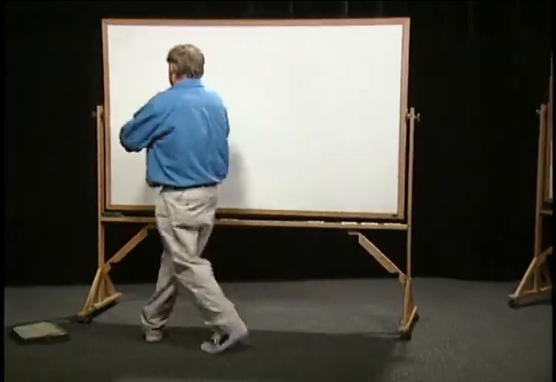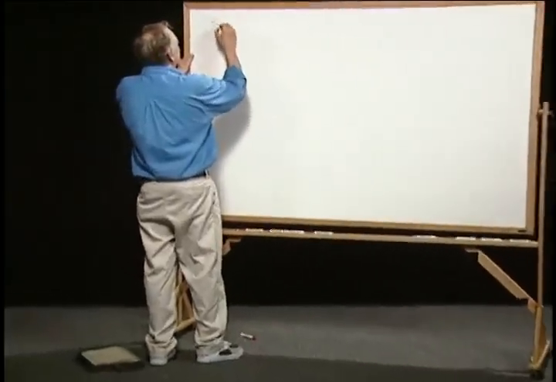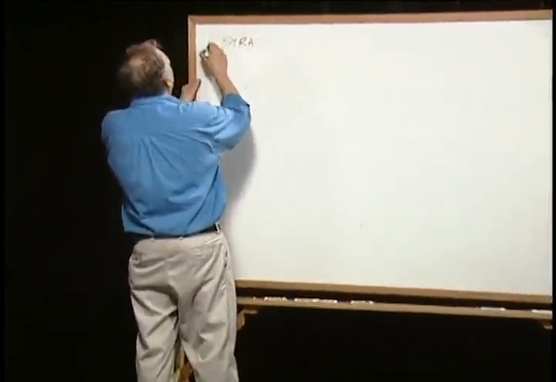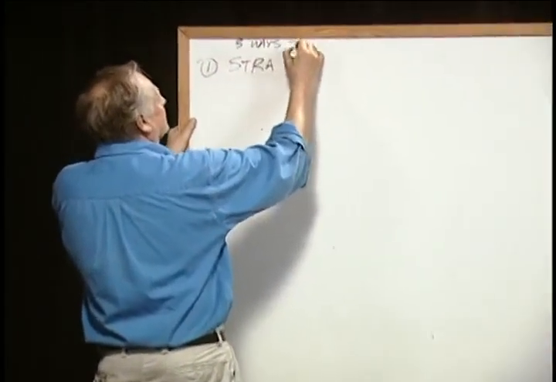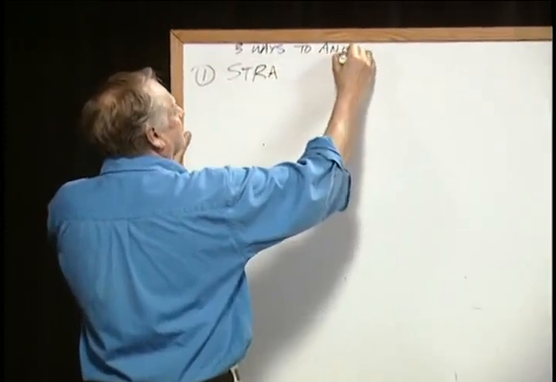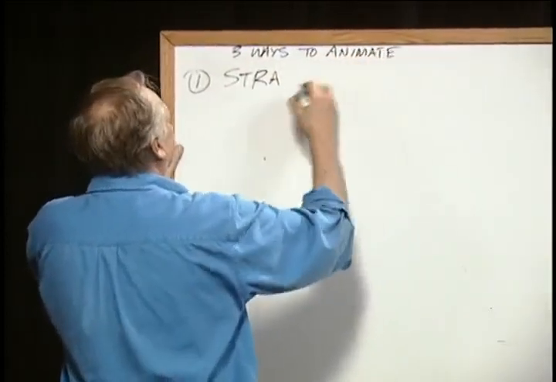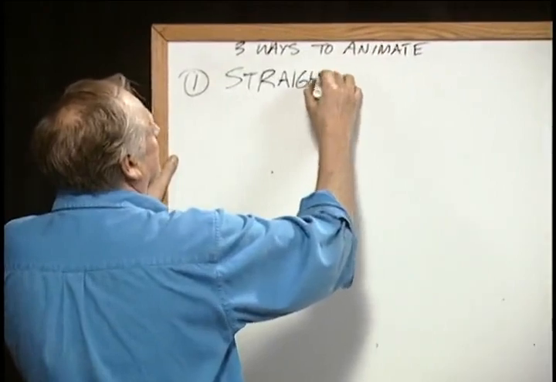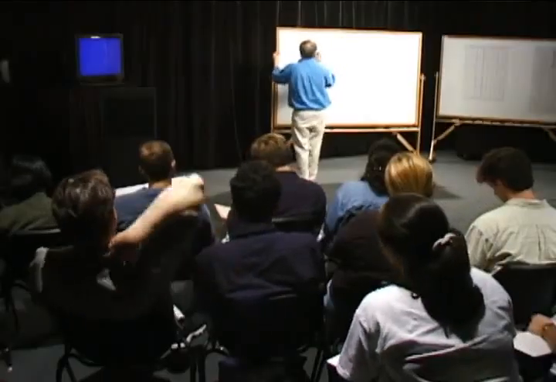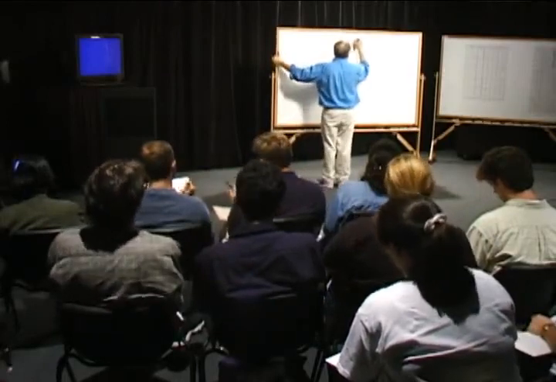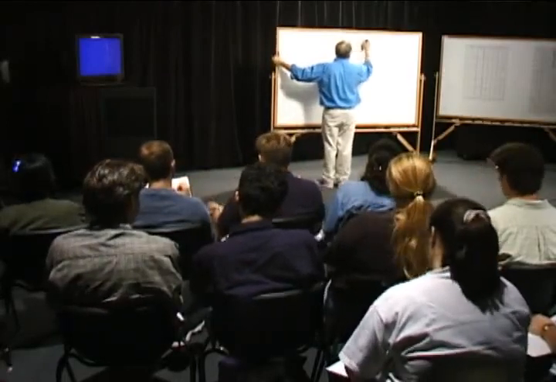So we'll look now at the three ways that animators work, and we'll find the best way. First is the straight-ahead method. Three ways to animate. Which is just start drawing.